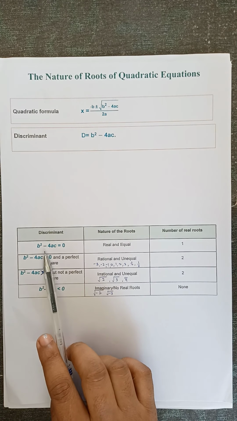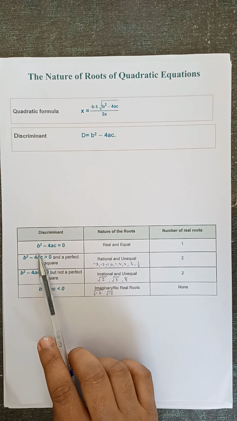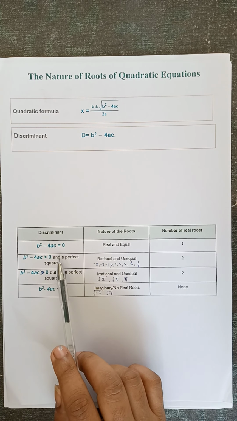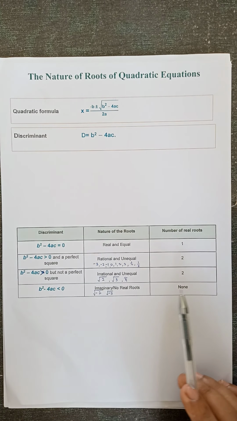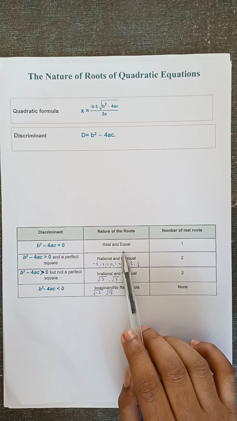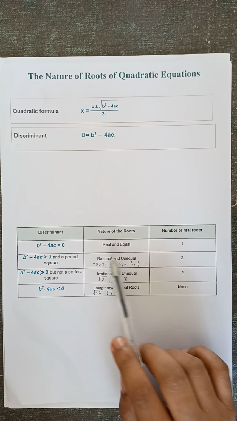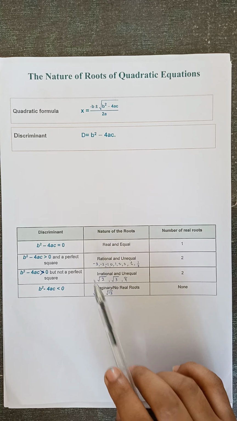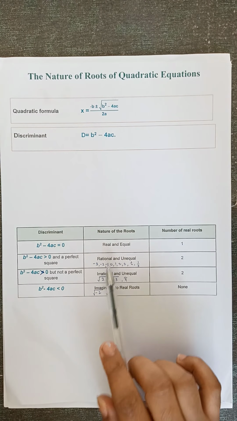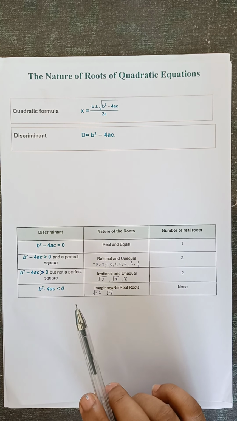So kung ang discriminant daw is equal to 0, so if b squared minus 4ac is equal to 0, the nature of the roots is a real number and it is equal. So therefore equal man siya, so isa lang ang iyang real roots. Unsa man ning mga real numbers? The real numbers include the rational, irrational, and the integers. Unsa man ang mga integers?